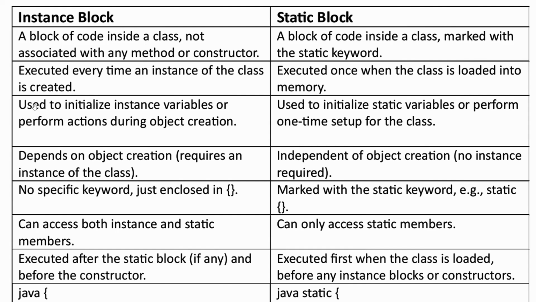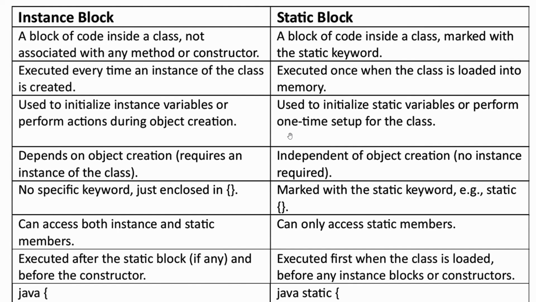Next point, an instance block is used to initialize instance variables or perform actions during object creation. And a static block is used to initialize static variables or perform one-time setup for the class.